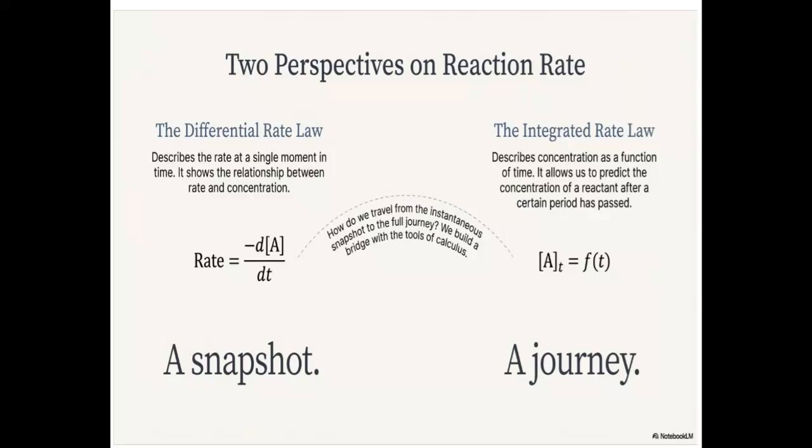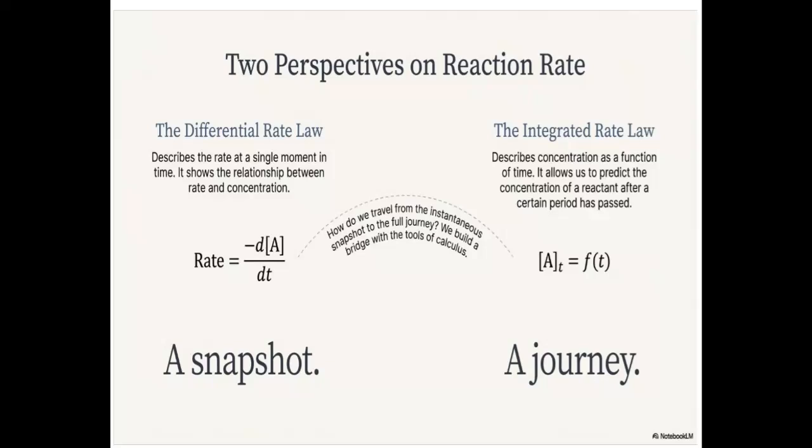It's a static situation, a static relationship between rate and concentration. So that rate is the derivative of the concentration over time. Now, if we want to do it in a continuum spectrum, not just a static one, we call that the integrated rate law, when we look at it as a function over time.